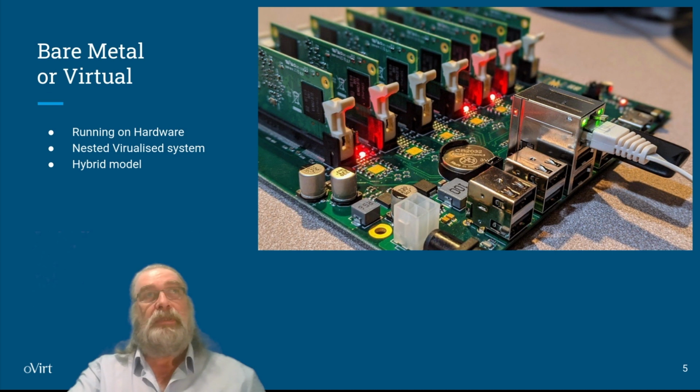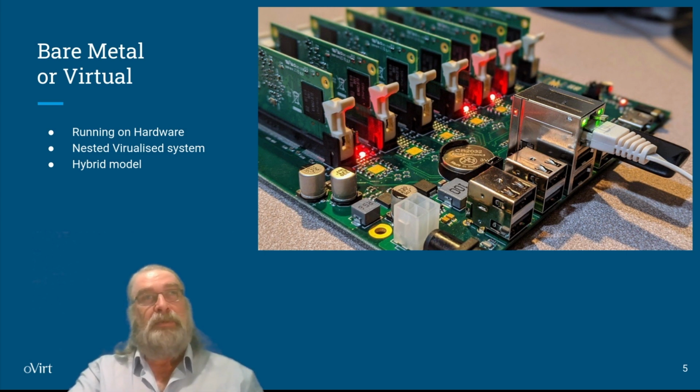So some of the advantages of a home lab are you can run it on bare metal, so running it directly on hardware if you happen to have accumulated systems over time or you have extra machines underutilized.